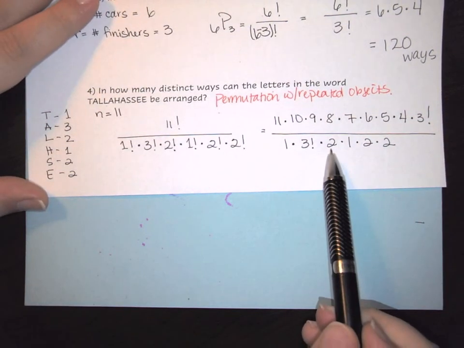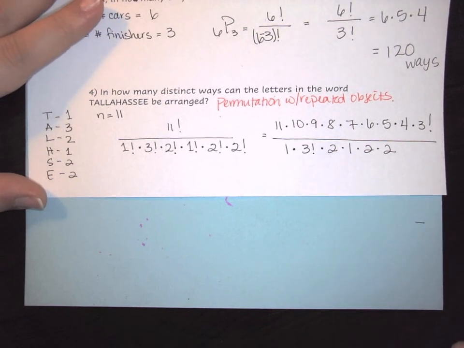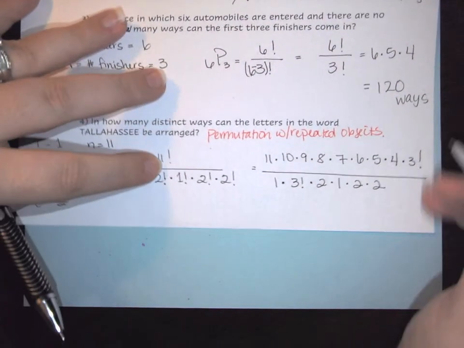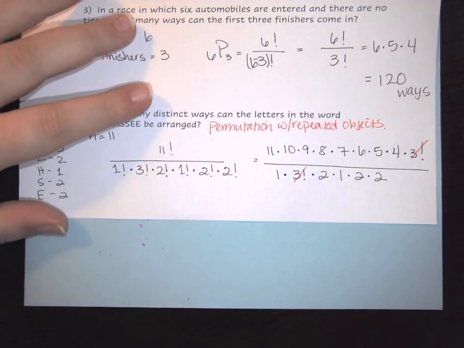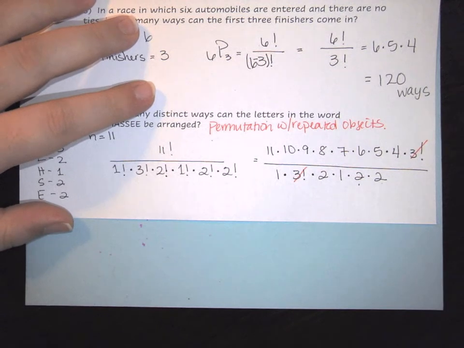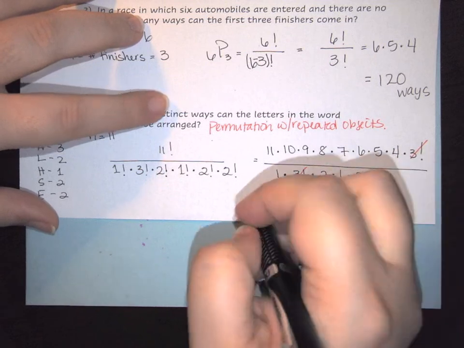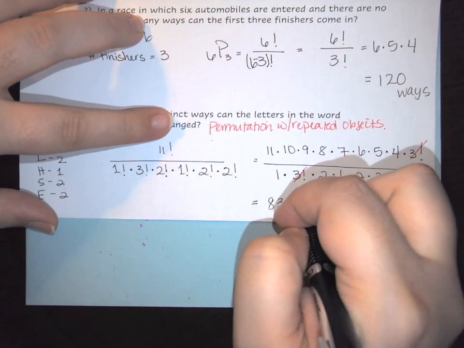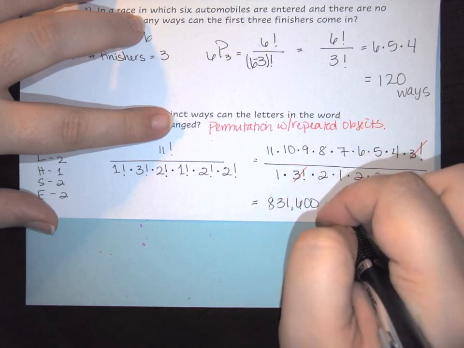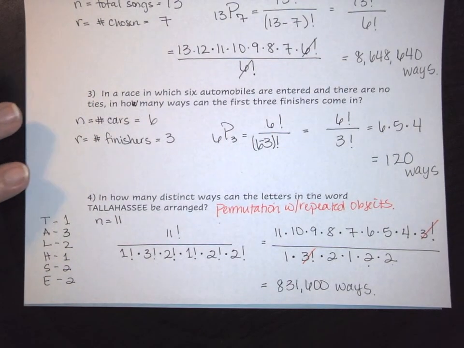The reason why I can just say 2 and 2 is because 2 factorial is 2 times 1, which is the same as 2. Now with this, my 3 factorials will cancel, and then I have 2 times 2, which is 4, times 2, which is 8. So I'm going to multiply across the top, divide by 8, and you're going to end up with 831,600 ways. Now, I don't know about you, but that is a lot of ways to order the letters out of the word Tallahassee.